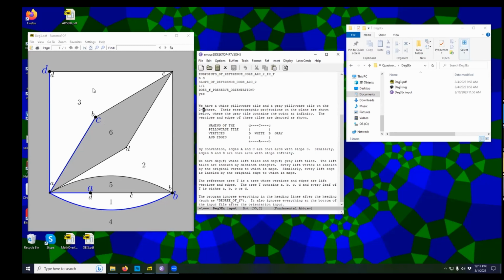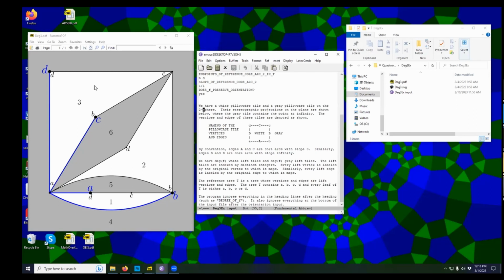Okay, now the program knows where the post-critical vertices are, but there's more to know, and the remaining information is given by a tree. We choose a tree in the one-skeleton of our lift complex with the property that every leaf of the tree is post-critical.